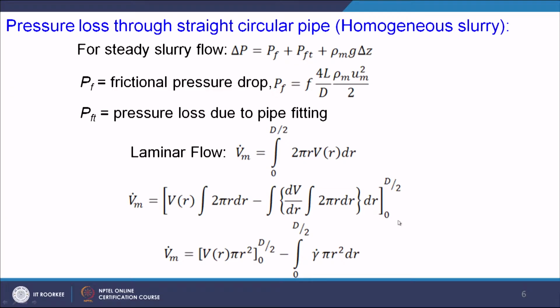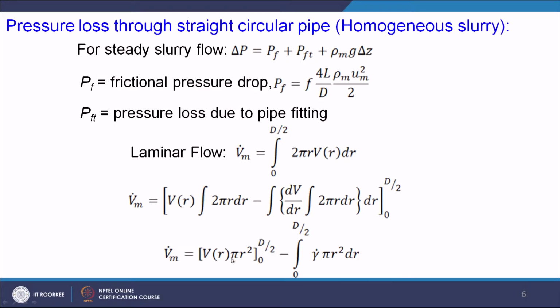Now, for the first term, you see this is Vr into the integral of 2 pi r dr, which comes out to be pi r square, and the limit is 0 to d by 2. The interesting thing here is that Vr becomes 0 at r equals d by 2, and at r equals 0 the whole expression becomes 0. So, at the upper limit and lower limit this expression vanishes. Okay.